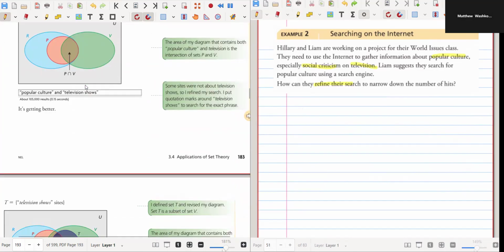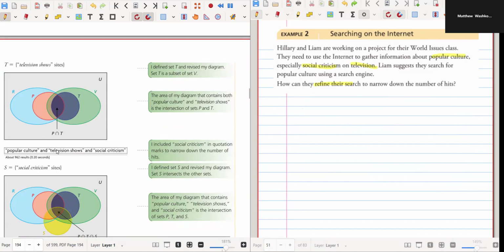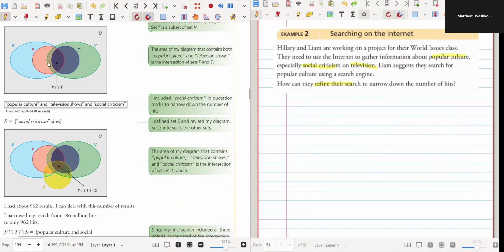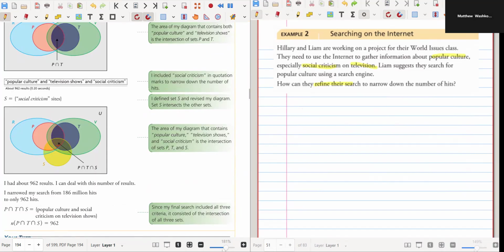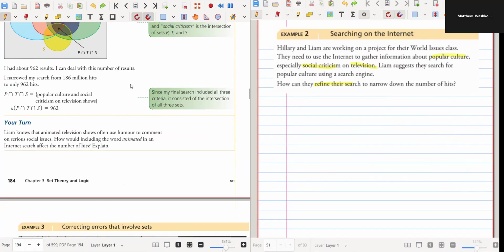If you're mathing this out, this is what Google actually does. You can see they keep adding search result after search result. They're setting limitations: popular culture and television shows and social criticism, for example. And all of a sudden, I get this part here, which is really what I'm looking for, which is 962 results. All of a sudden, I have reduced the fluff, the stuff I don't care about, dramatically.